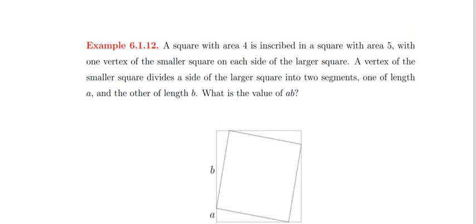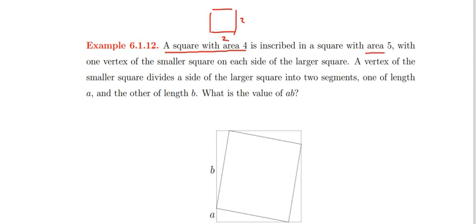It says we have a square with area 4. So this means the length is 2 by 2, so its area is 4. This square is inscribed in a square with area 5.